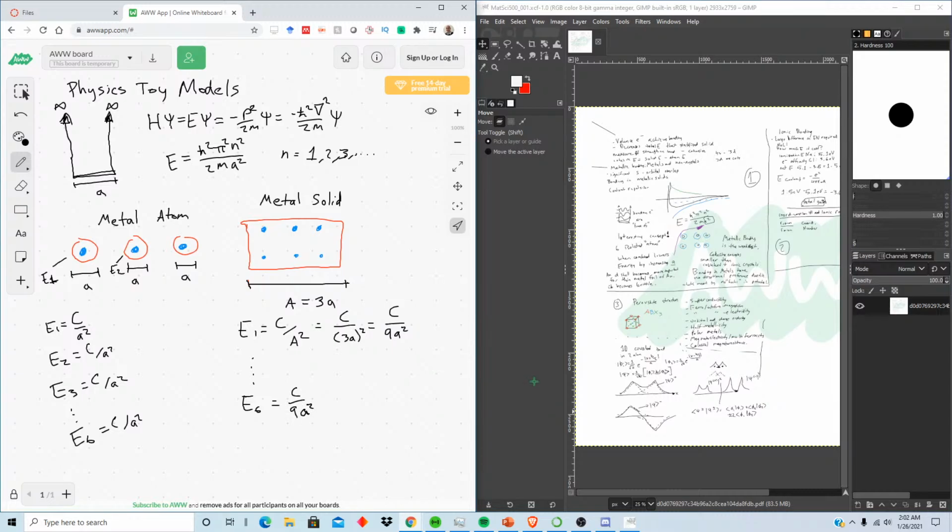And so the total energy of this system, it's E1, and you add up all the way to E6, it's going to be 6 times C over A squared. And if we add them all up to here, assuming there's no interaction term, it's going to end up being 6C over 9A squared. And so you can see that this is 1/9 of that.